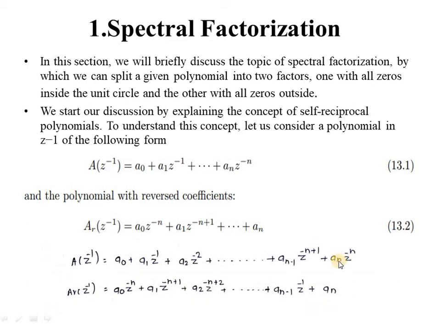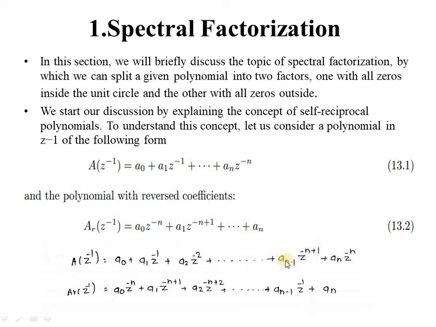This is the coefficient of an into z raised to minus n. We have to replace the place of z raised to minus n from this instant to this instant. Once we place this z raised to minus n from this instant to this instant, it becomes a0 into z raised to minus n.